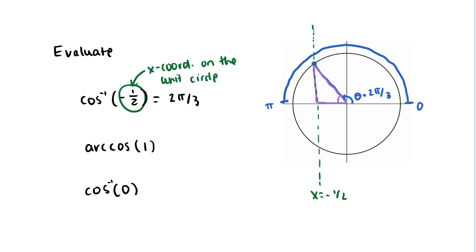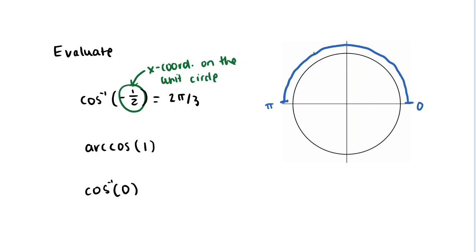Okay, so let's repeat this now for arc cosine of 1. Remember that we defined this in the previous video, but arc cosine is another way of writing inverse cosine. This was the case for sine, that inverse sine can be written as arc sine. Inverse cosine can be written as arc cosine. There's no difference, it's just a different name.